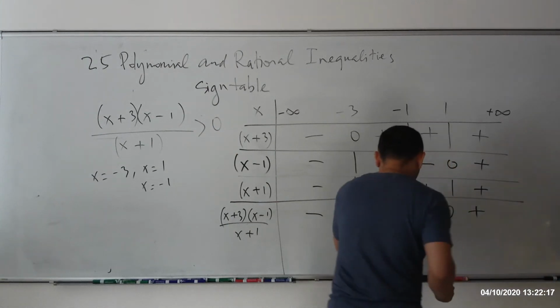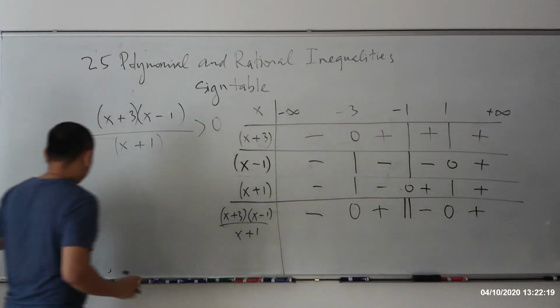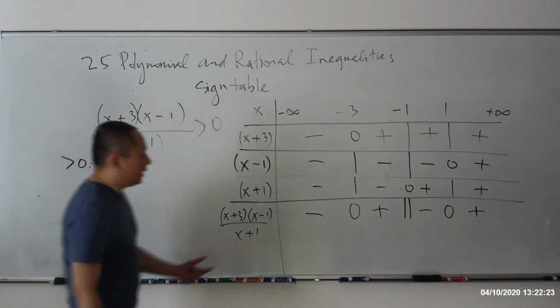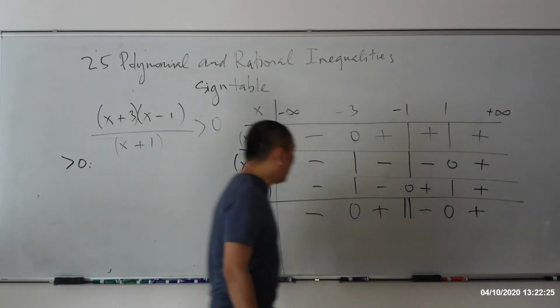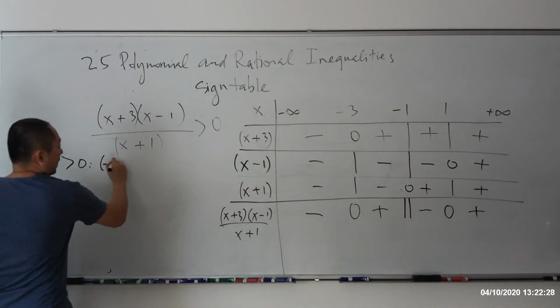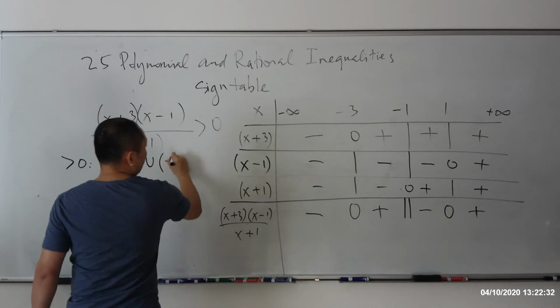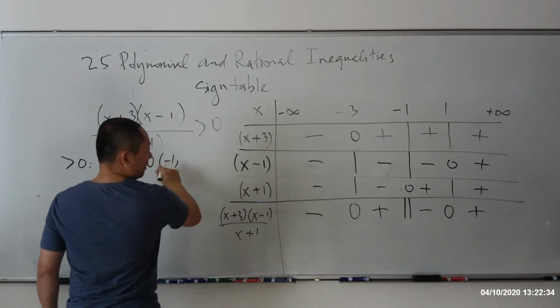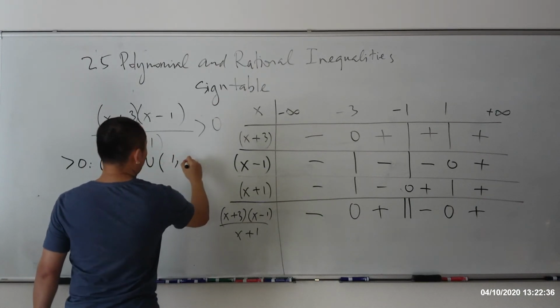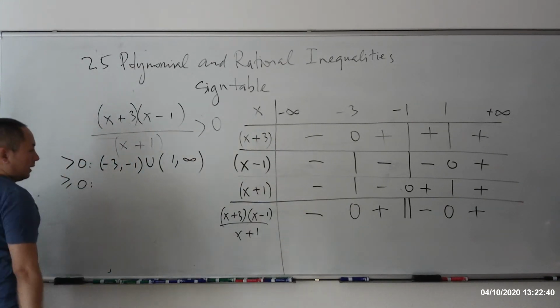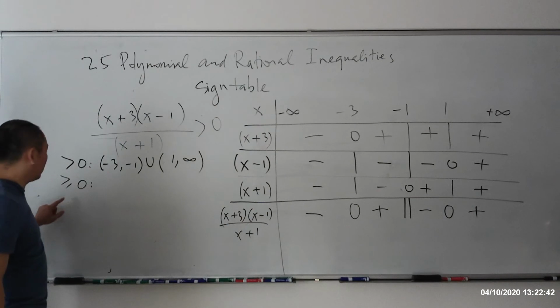Now you can answer the question, whatever they ask. If they ask you for greater than 0, the answer is going to be the interval with positive. So we have -3 to -1 union, sorry, positive is 1 to infinity. If they ask you for greater than or equal to 0, now positive and 0 are included.